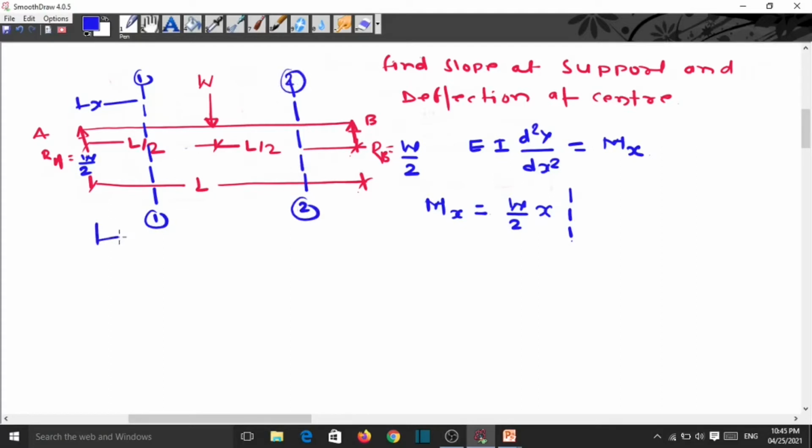For section 2-2 it is again x here. Now for section 2-2 this force is over, so the remaining force is W. This force creates the hogging moment, that is why it is minus W into this distance.